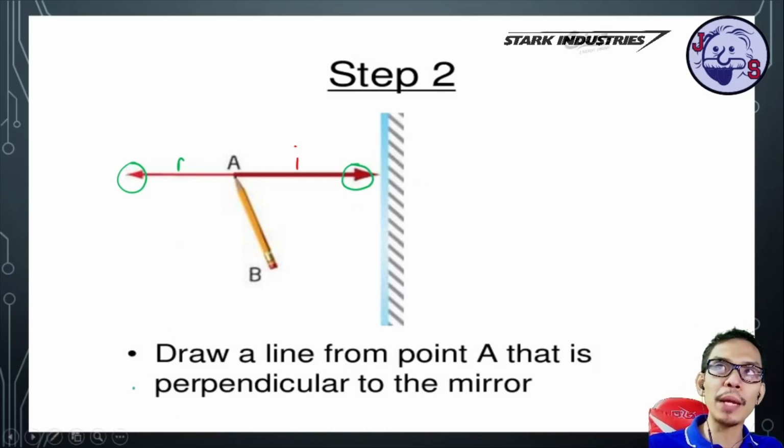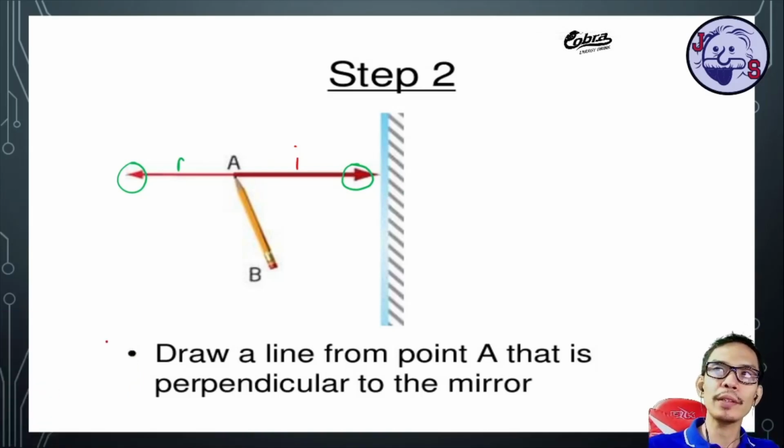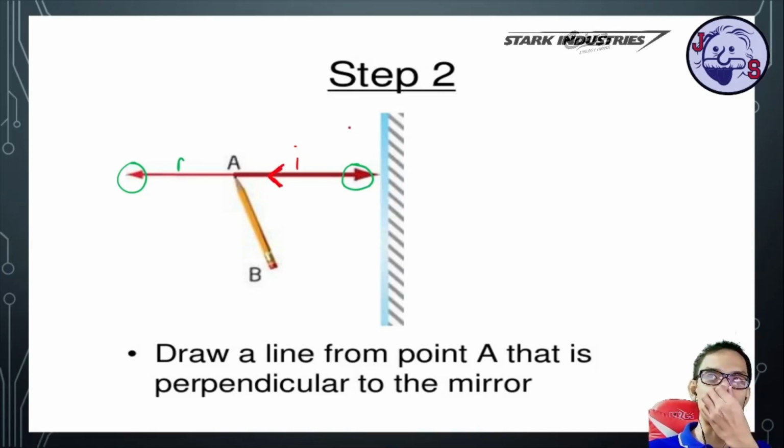You can even put an arrowhead directly on the ray to indicate its direction.